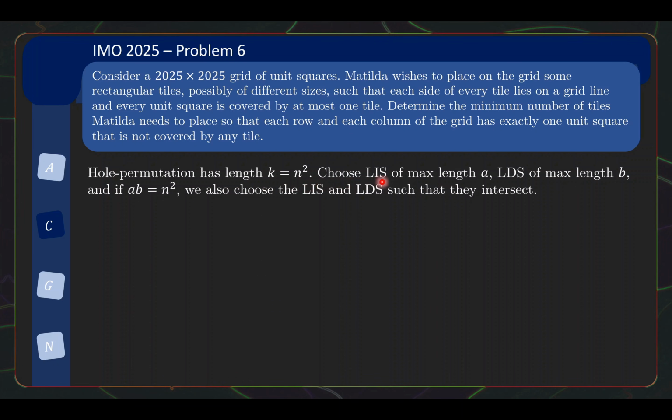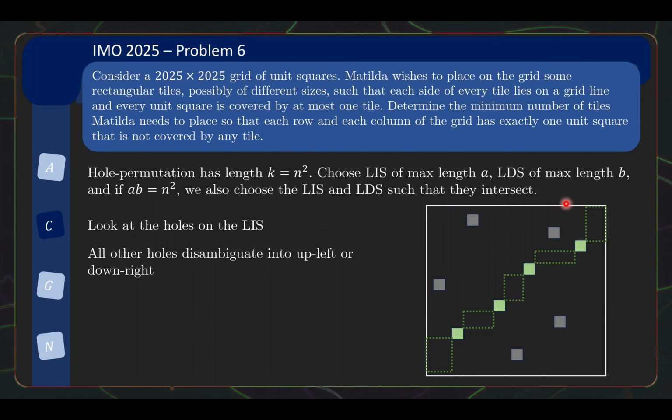So we let the longest length be A, and we choose an LIS of length A. We let the longest LDS be length B, and we choose an LDS of length B. And if we are in a scenario where AB equals n squared, we also impose on ourselves the additional condition that we will choose the LIS and LDS such that they intersect. If AB is bigger than n squared, then we don't need to do this. But if AB equals n squared, we force ourselves to do this, and we know by claim 2 that it's possible to do so.